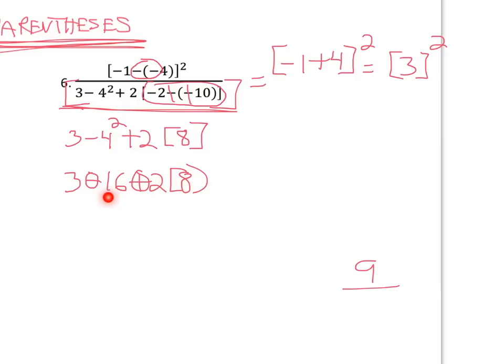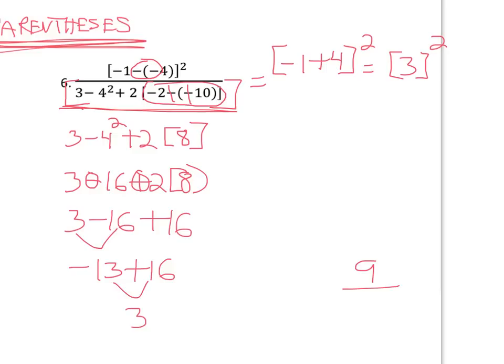Multiplication comes before addition and subtraction. So I'm going to do 2 times 8, which is 16. Then we get 3 minus 16 plus 16. And then I can just work left to right. 3 minus 16 is -13. And then -13 plus 16 is 3.